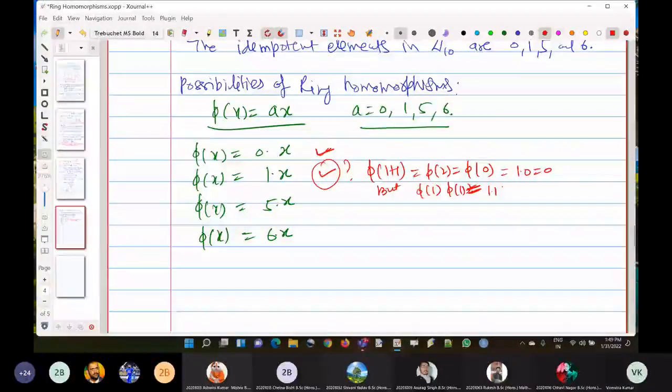Just a minute, this is not working, so we need to take another example.